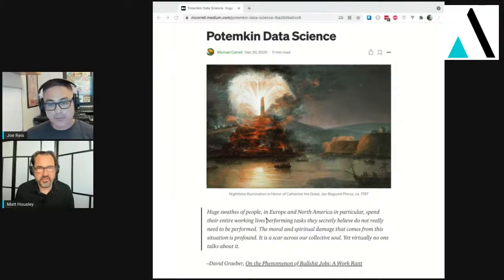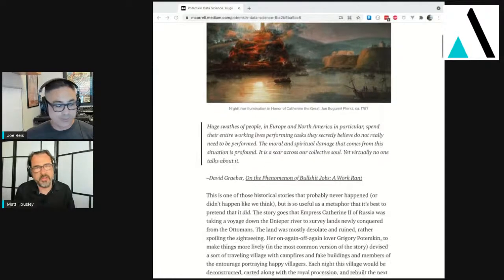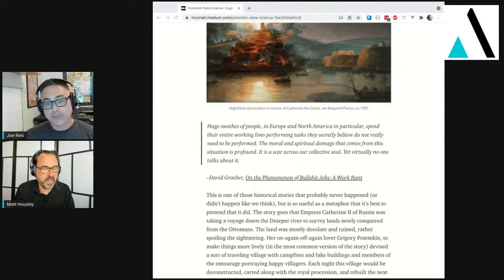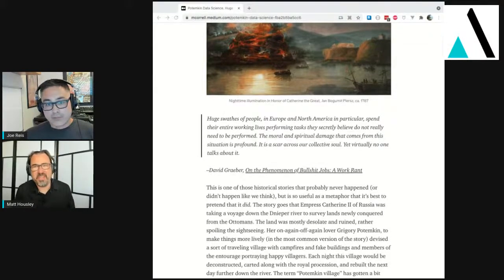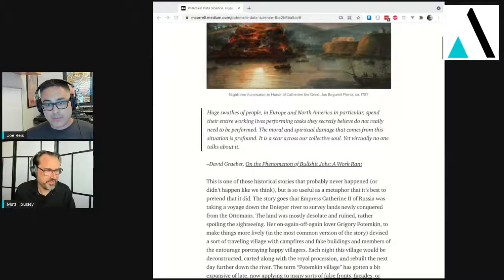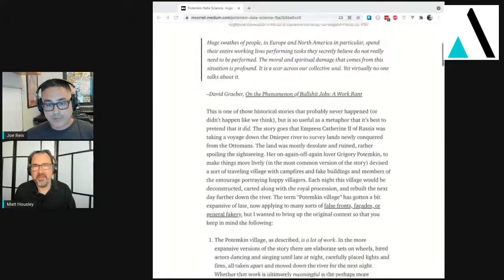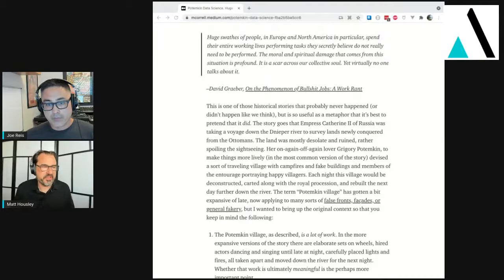A lot of it was just open land, plus maybe the degree of control over the actual villages in this territory wasn't as great as they wanted it to be. So they invested massive amounts of money and effort into creating this fake experience. It was almost like Disneyland for the Empress to see these new territories. They imported villagers, basically actors to be villagers, built fires, built fake facades for buildings.